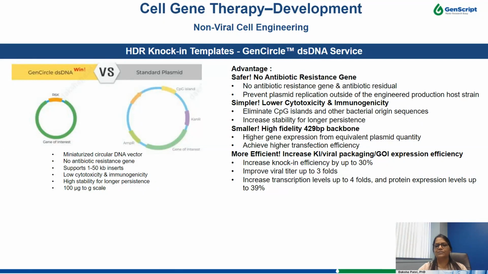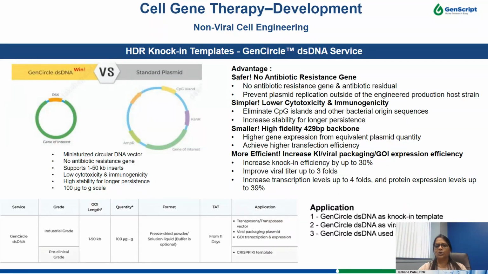It's smaller and simpler, and the smaller vector backbone generates low cytotoxicity and immunogenicity and offers better stability. And it can be used in applications like a knock-in template, as well as a viral packaging plasmid and GOI non-viral vector. Overall, more efficient.